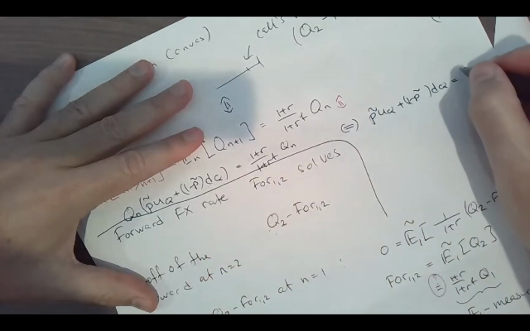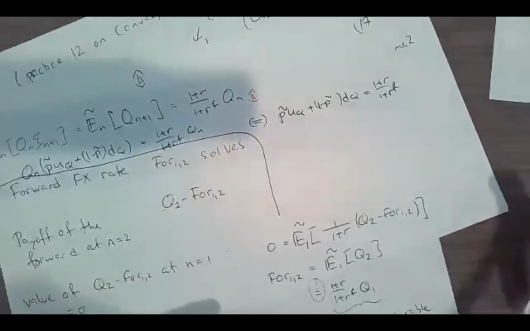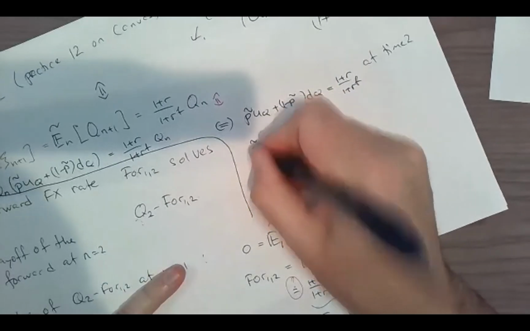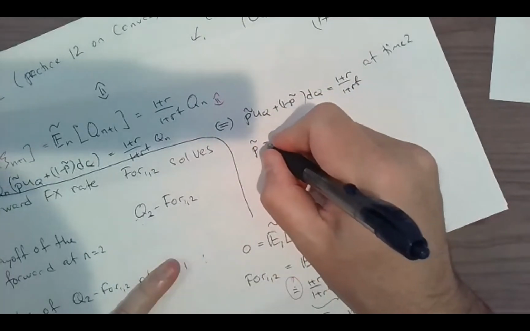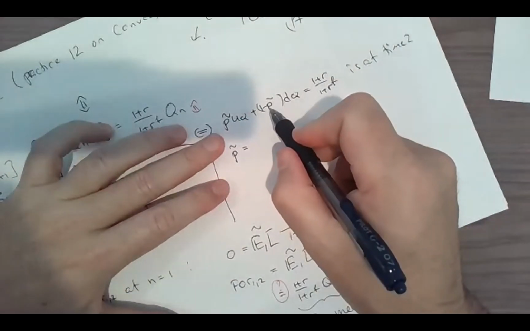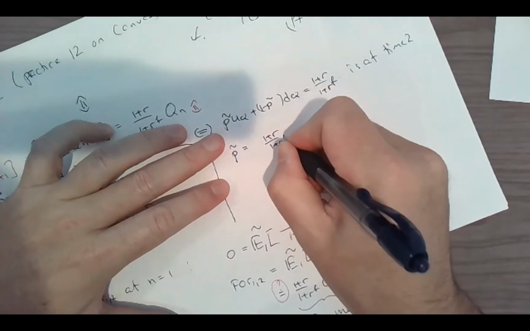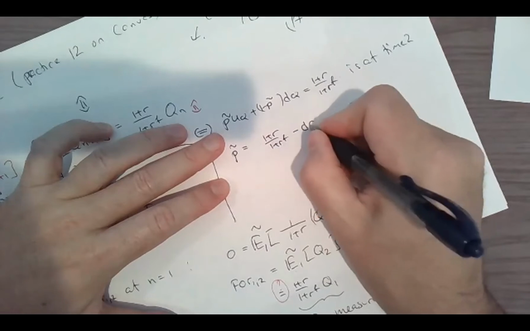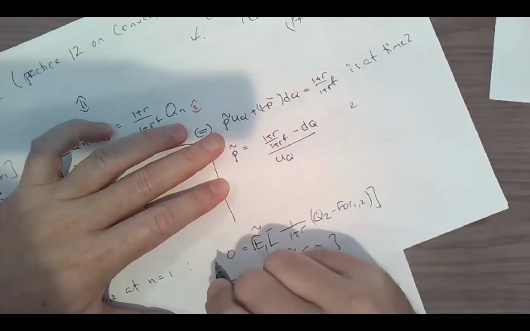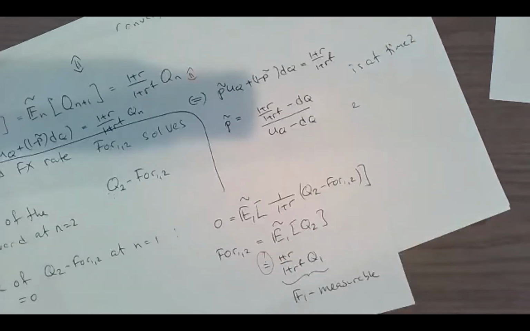That is exactly the same as 1 plus R divided by 1 plus RF. And now we solve for P tilde. So P tilde is equal to, we will move DQ to the other side, so 1 plus R divided by 1 plus RF minus DQ. And so what we have left is UQ minus DQ. Right, that's my P tilde.